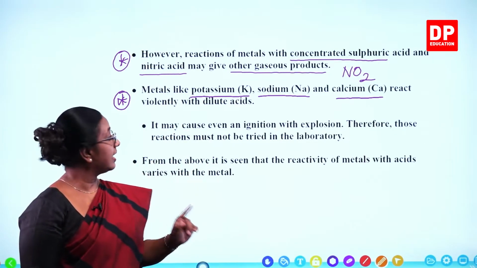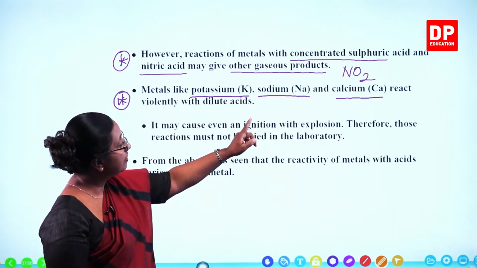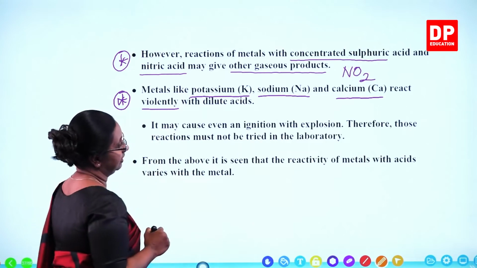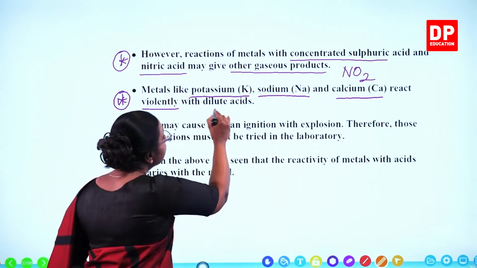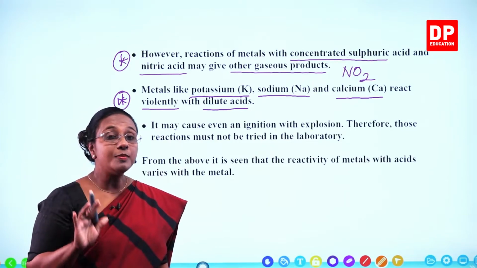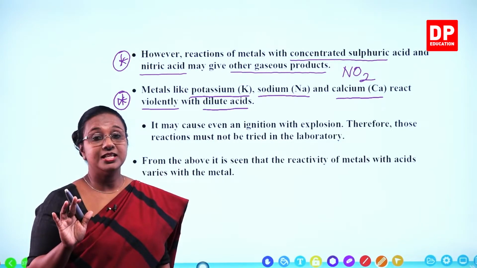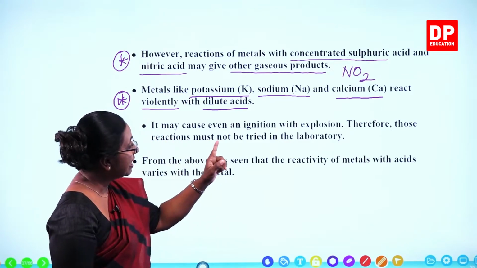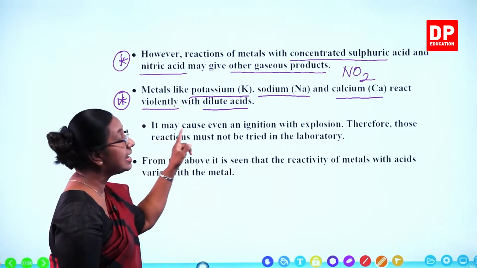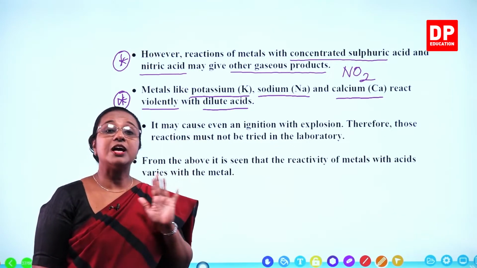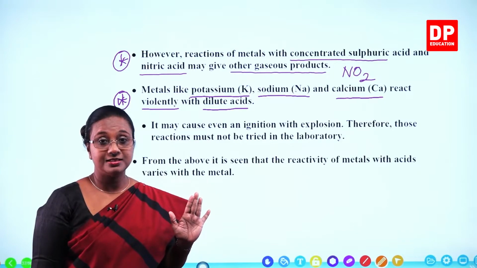Even with dilute acid, potassium, sodium and calcium react violently. So because of that, we normally don't try those reactions in the lab. That is the reason why we don't normally try this reaction.